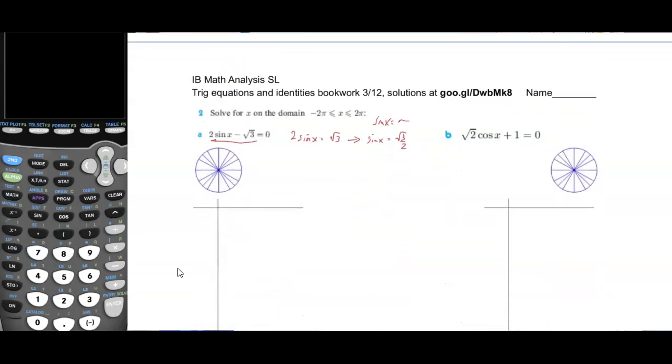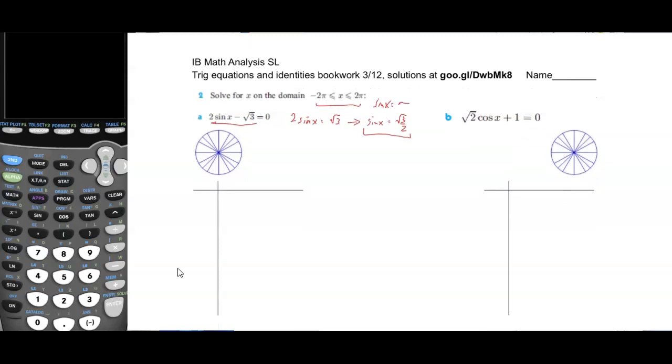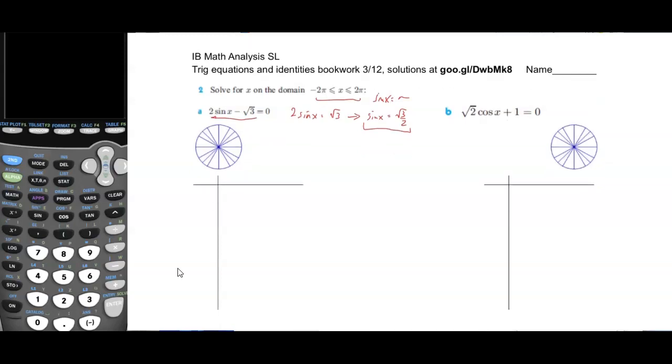Okay, so now that we know that sine of x equals square root of 3 over 2, we know from memorizing special angles that there are solutions to that. We want all the solutions between negative 2 pi and 2 pi. At least the solutions between 0 and 2 pi, we can figure those out, right?